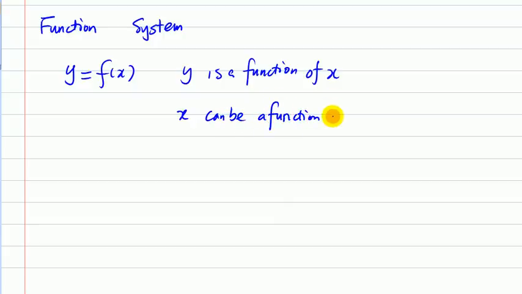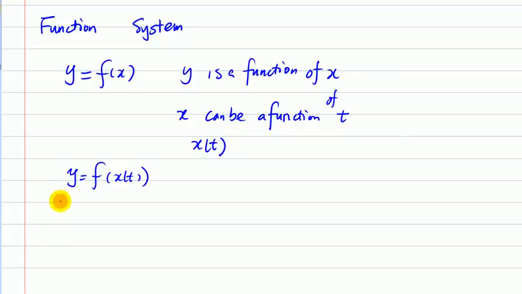So x can be a function of a variable t, and then we can write x of t. So your original function will become f of x of t.